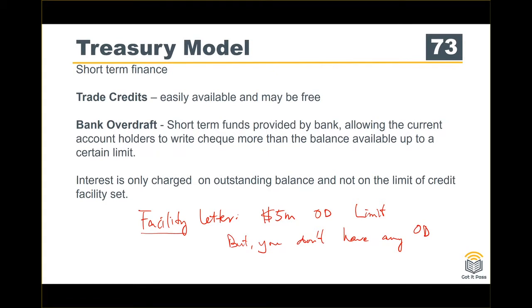And in some cases, you have 5 million overdraft limits. Now you need the cash, or you need to withdraw some cash from the bank to settle, for example, some of your business risks.